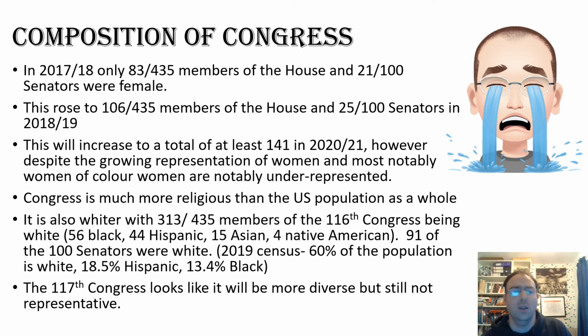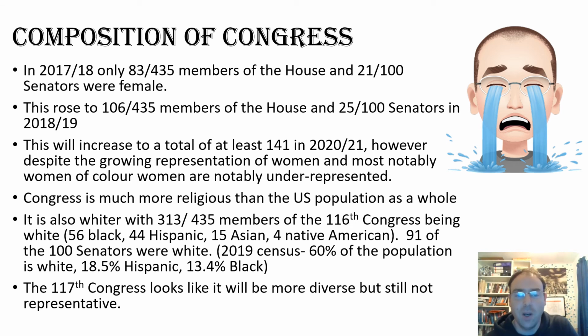In 2017-2018, 83 of the 435 members of the House and 21 of the 100 senators were female. In 2018-19 this rose to 106 of the 435 members of the House and 25 of the 100 senators, so we got to a total of 131. It looks like this is going to increase going into 2021 up to a total of 141.